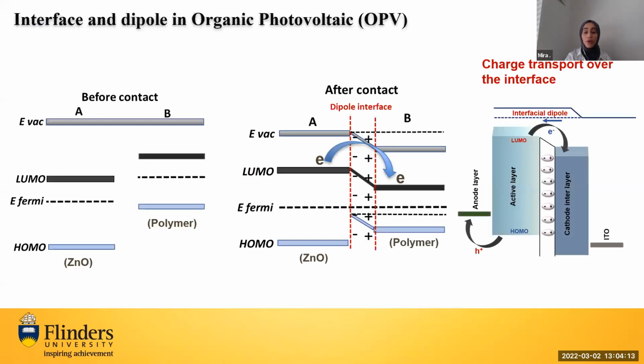Also in organic photovoltaics, there is something that can happen between two layers at the interface, which is the electronic interaction between the two layers.